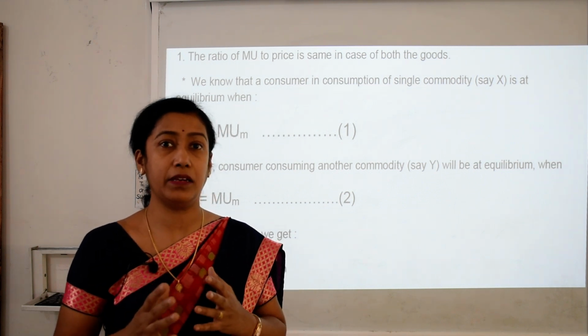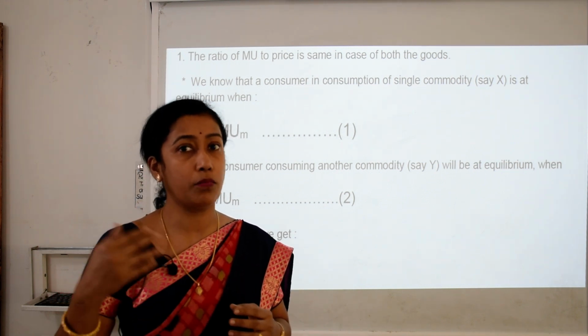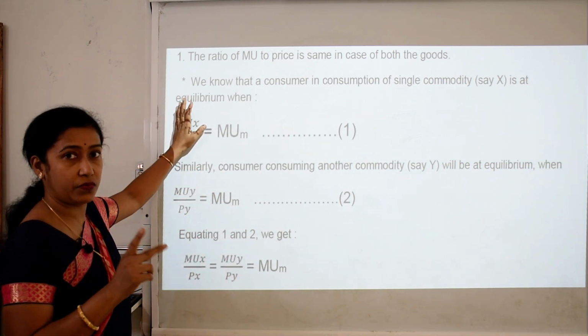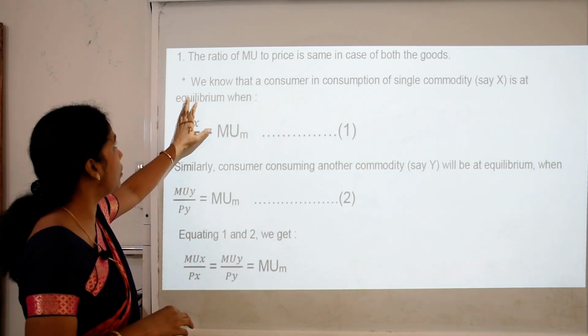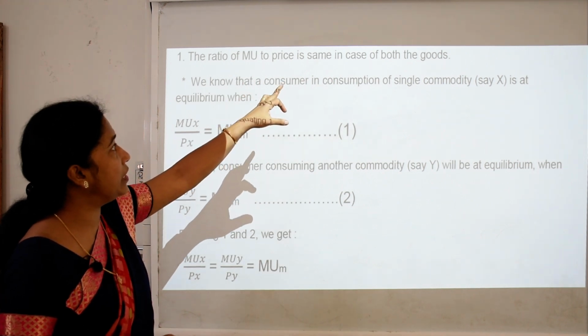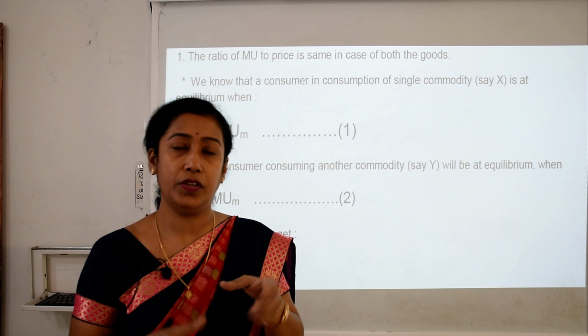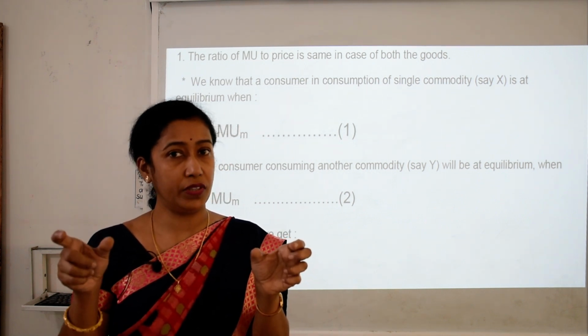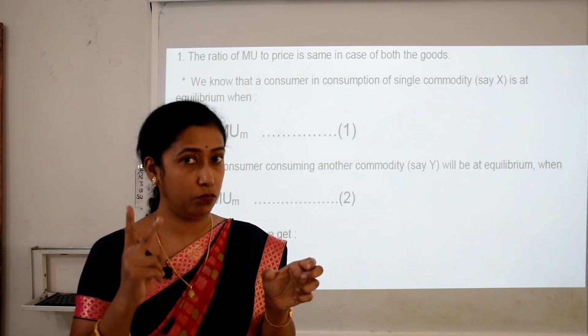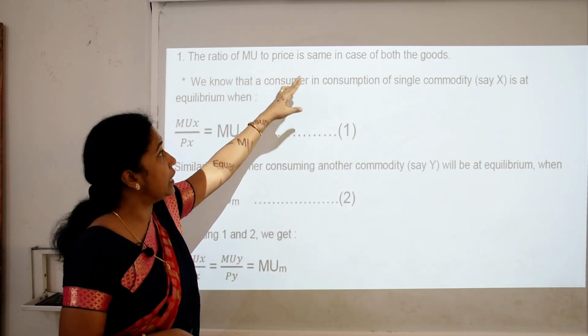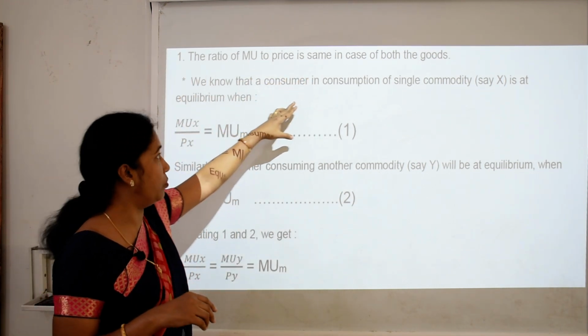He is always making a good combination of two or more goods to satisfy himself. So the condition required for this law is the ratio of marginal utility to price. Now here we are making a combination of marginal utility along with the price of both the commodities. So the ratio of marginal utility to price is the same in case of both the goods.